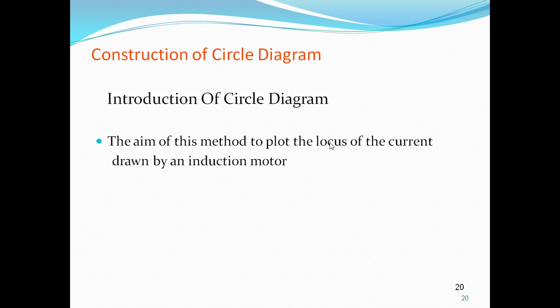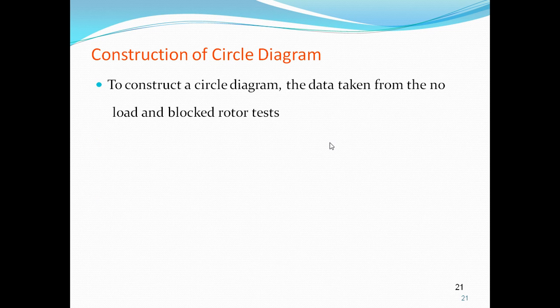The aim of this method is to plot the locus of the current drawn by an induction motor. It is referred to as a circle diagram. To construct a circle diagram, we require the data from the no load test and blocked rotor test. By using these two tests, we can draw the circle diagram on the graph.